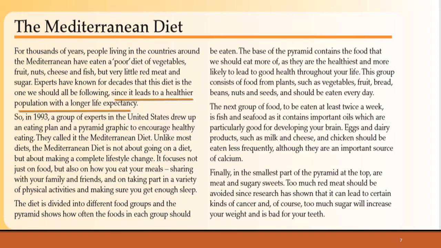So you have since here. Since here means because. So experts have known for decades, for years, that this diet is the one we should all be following. We should all follow the Mediterranean diet. Why? Since it leads to a healthier population with a longer life expectancy. So this is a reason.